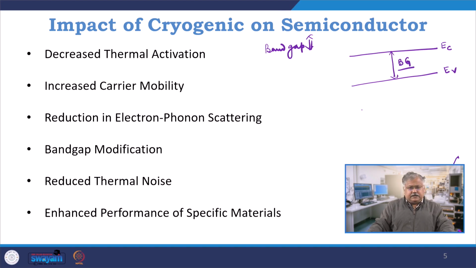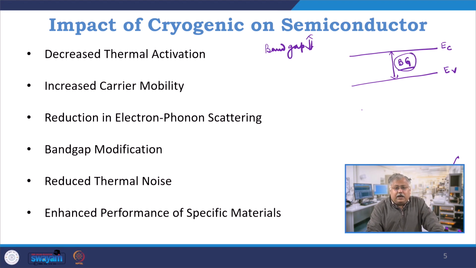Now, you already know from your basic semiconductor devices that if you keep the band gap very high, it will be very difficult to generate free electrons. If you keep it very low, then there will be a very easy transition of electrons from a high energy state, which is EC, to a low energy state, which is EV. And while doing it, it will tend to emit energy of the order of the band gap, right?